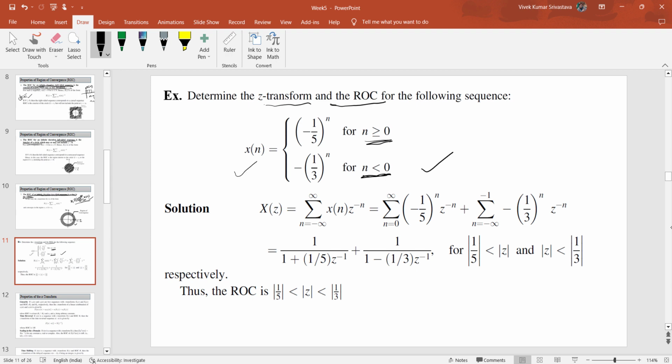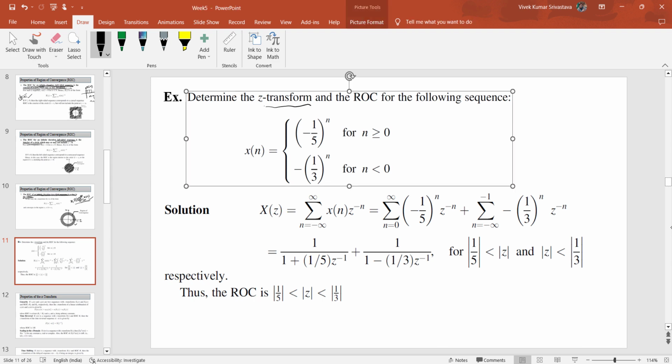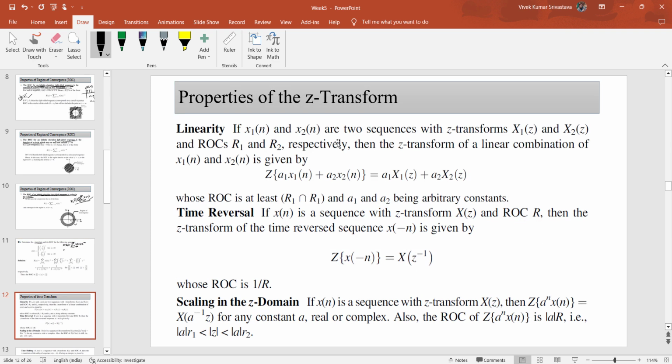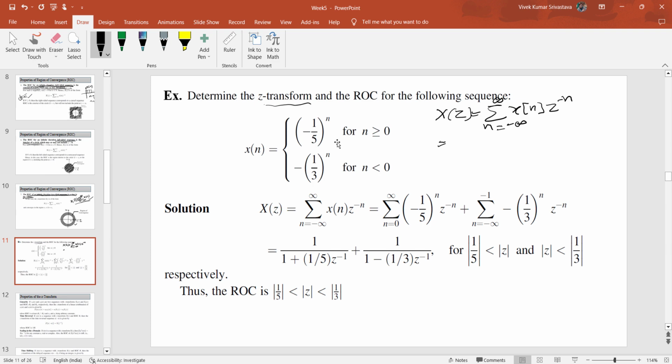Let us see how to evaluate the z transform as well as the ROC of the signal. As we know, the z transform of any sequence is defined as the summation from n equals minus infinity to infinity of x of n z raised to the power minus n. So we have to put this signal here. For positive values of n, the value of x of n is minus 1 by 5 raised to the power n.